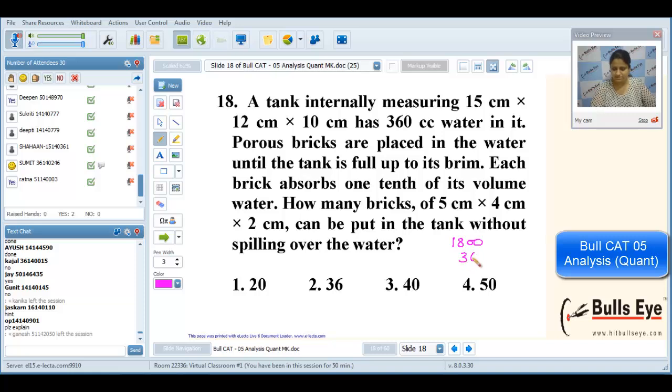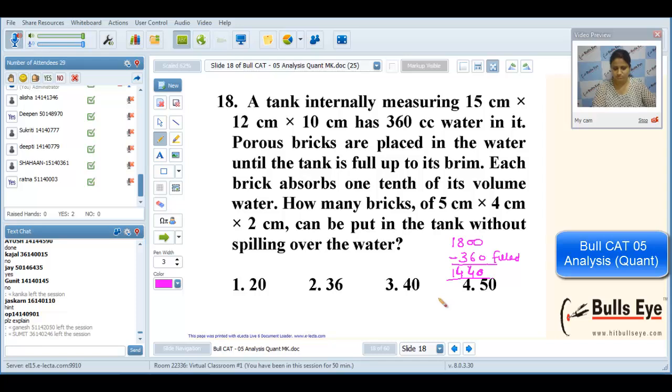It means 360 is filled. It means 1440 is the left quantity. This is unfilled.